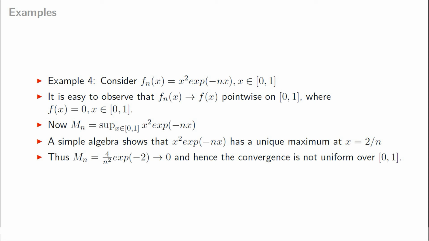Actually, simple algebra shows that x square multiplied by e to the power minus nx has a unique maximum at x equal to 2 by n, and thus Mn comes out as 4 by n square multiplied by e to the power minus 2, which goes to 0, and hence the convergence is not uniform over [0, 1].